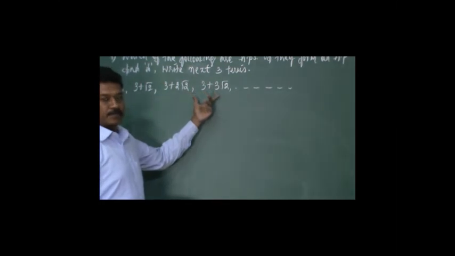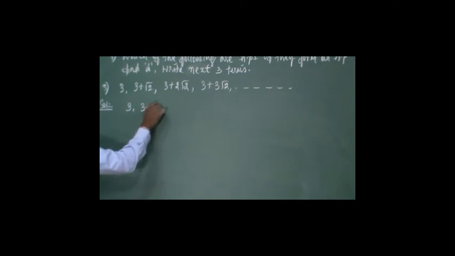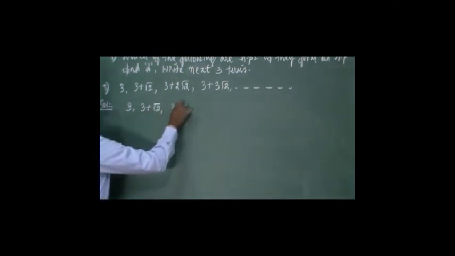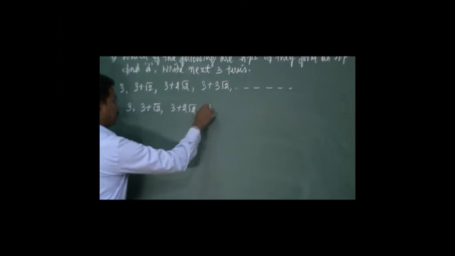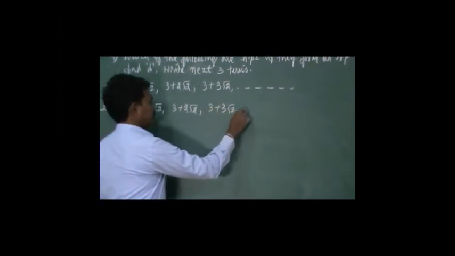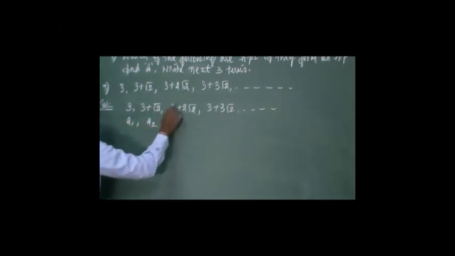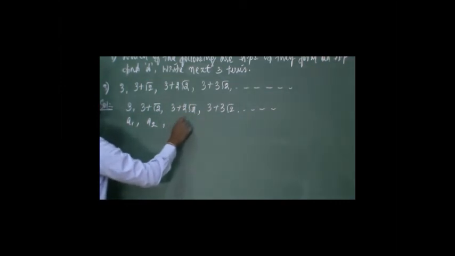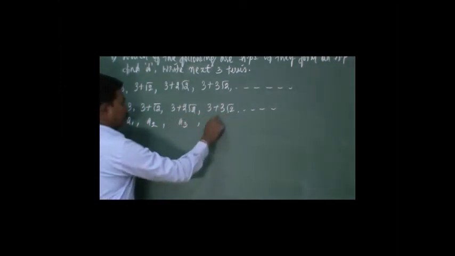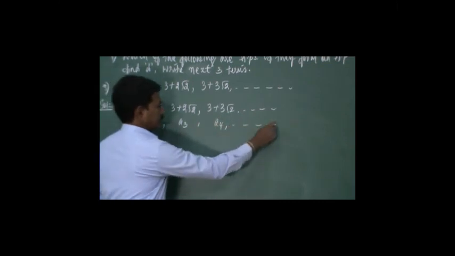So first we have to check whether it is an AP or not. If it is an AP, then we will deal with the next question. Okay, let's first check out whether it is an AP or not. So 3 comma 3 plus root 2 comma 3 plus 2 root 2 comma 3 plus 3 root 2 are the given terms. So 3 becomes the first term, 3 plus root 2 becomes the second term, 3 plus 2 root 2 entire thing becomes the third term, 3 plus 3 root 2 entire becomes the fourth term, and so on.